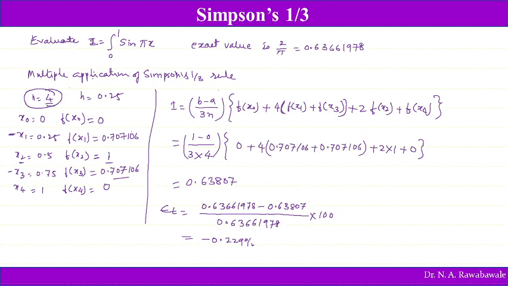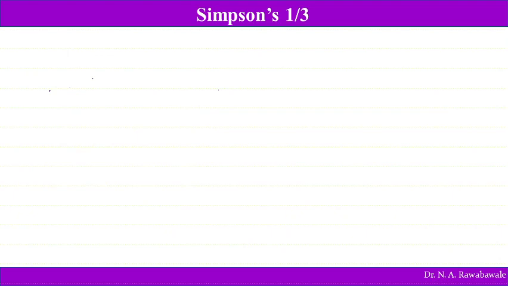Similarly, for homework purposes, I would like to give some other problems. Integration I is equal to 0 to pi by 2 of sin x dx using Simpson's 1/3 rule.